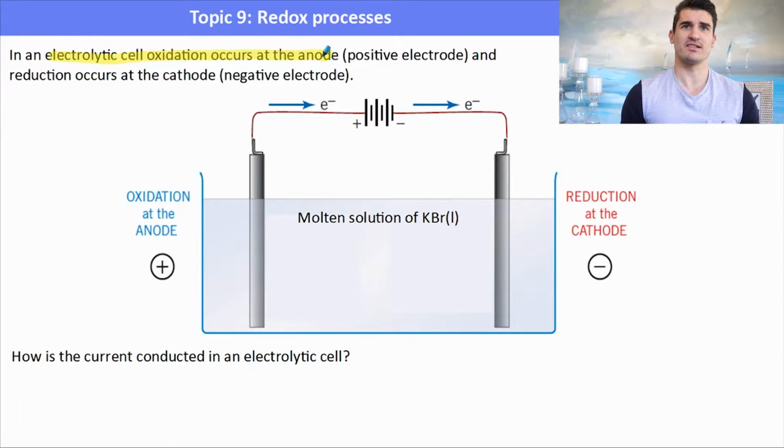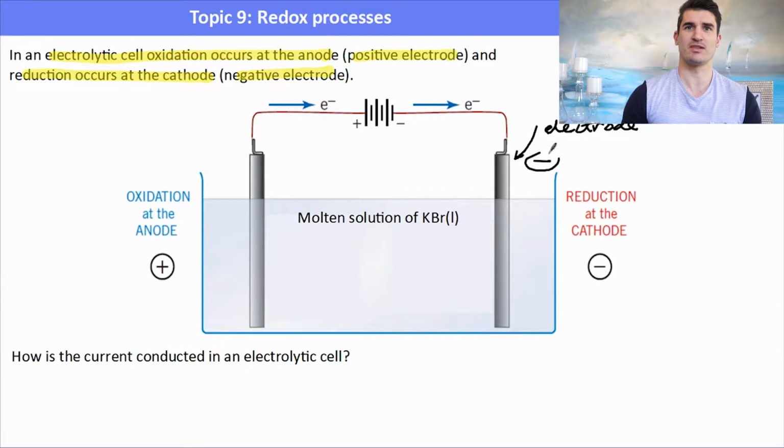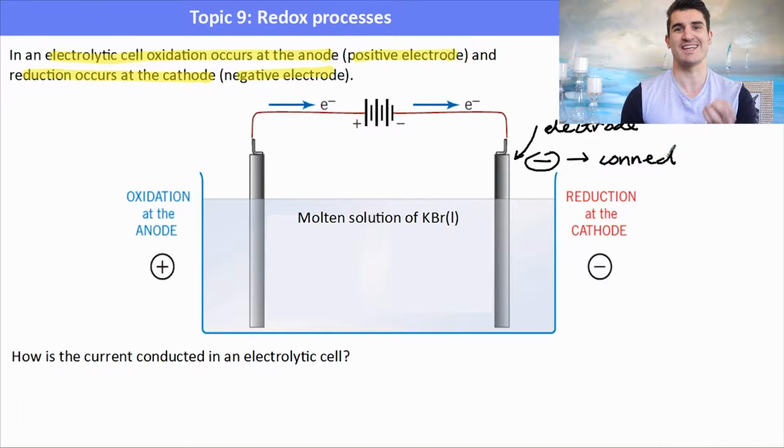So in an electrolytic cell, oxidation occurs at the anode, which is now the positive electrode, and reduction occurs at the cathode, which becomes the negative electrode. Let me explain that. Electrons come out of the battery and they're pumped into the negative electrode. Now, that's decided on because it's connected to the negative terminal of the battery.